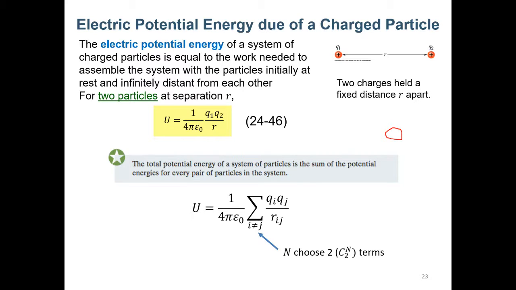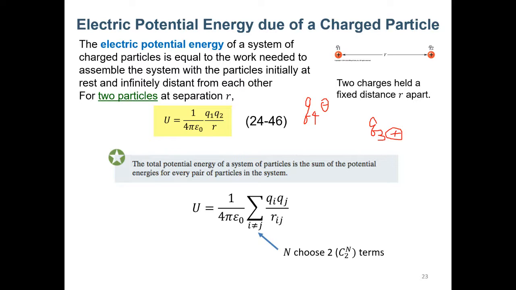No matter whether it is positive or negative, maybe positive Q3, there will be potential energy between Q1 and Q3 and Q2 and Q3. If I put the fourth one, maybe negative, then there will be potential energy between Q1 and Q4, Q2 and Q4, and Q3 and Q4.